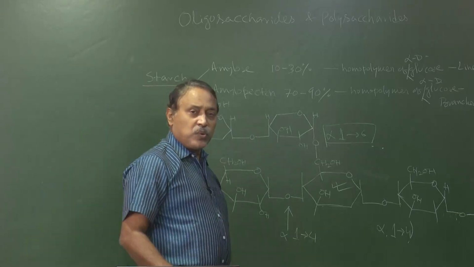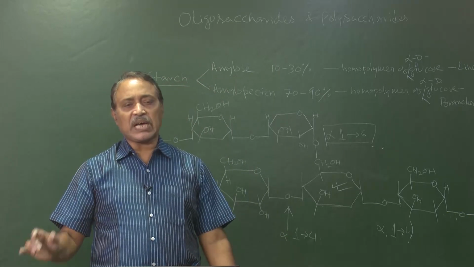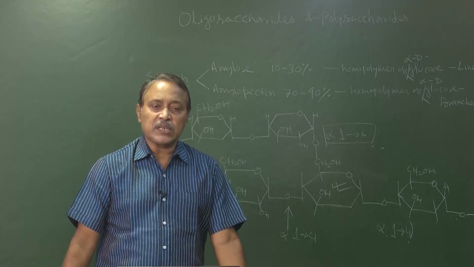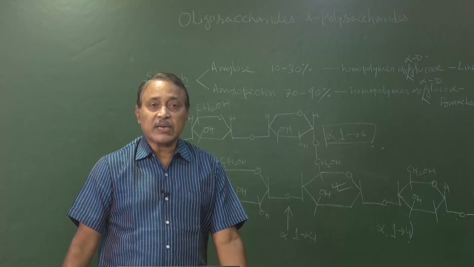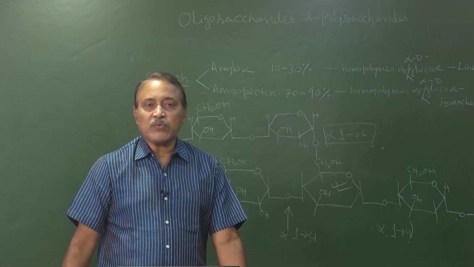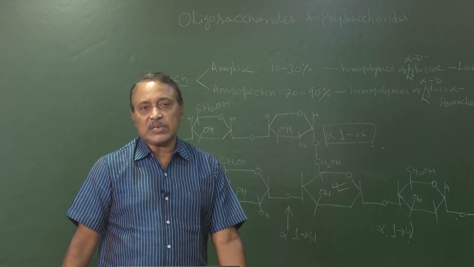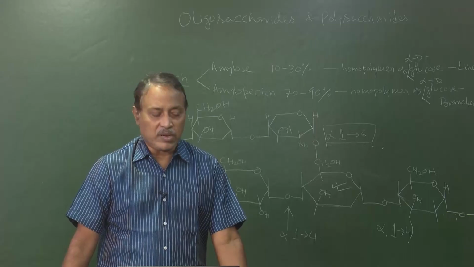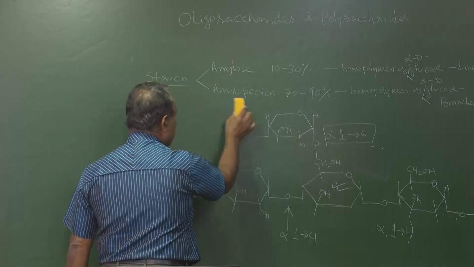Now you have very common knowledge about starch. It has been taught to you in school that when you have a starch solution and add a drop of iodine, the solution will turn inky blue in color. How does it happen?